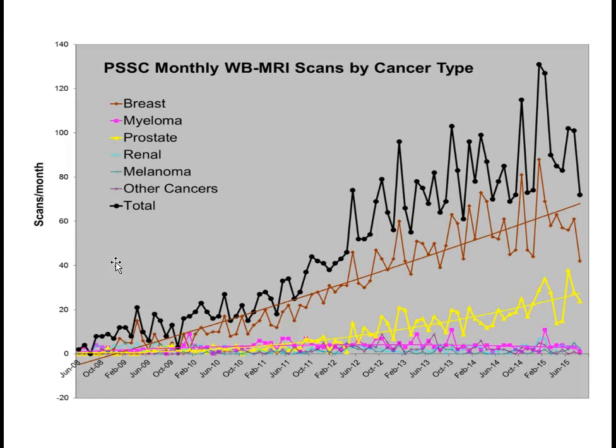Now, this is our activity of whole body MRI scans over the last few years, and you can see that we are roughly doing between 80 and 100 scans a month now. The biggest indication is in fact breast cancer, followed by prostate cancer, and myeloma is a few cases, but not as many as in other centers.